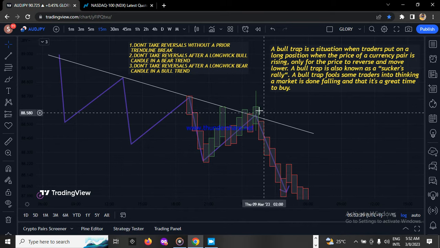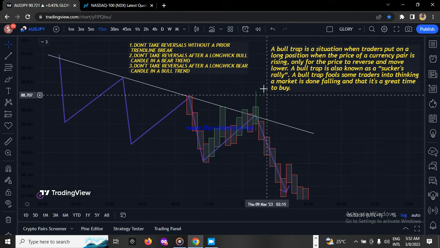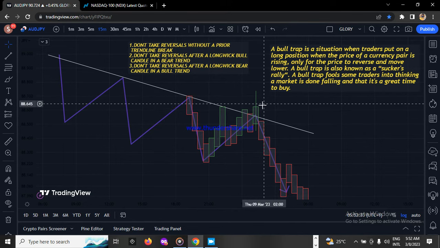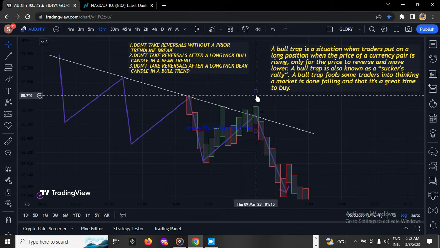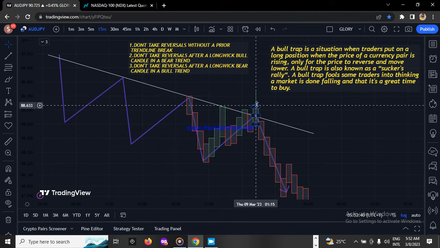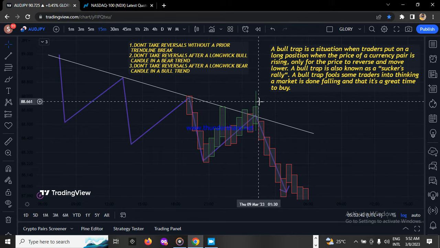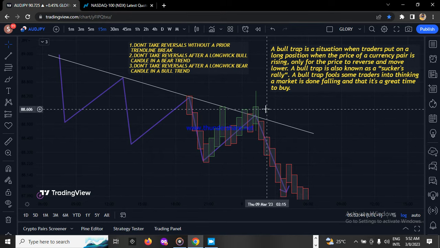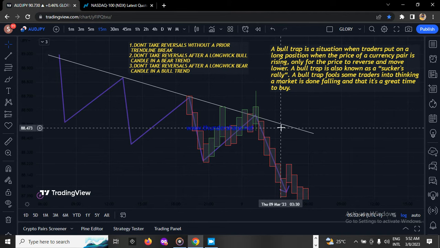So for you to trade this trap, you need to wait for this bull candle to close. After the close of this bull candle, your entry will be below the low of the bull candle.